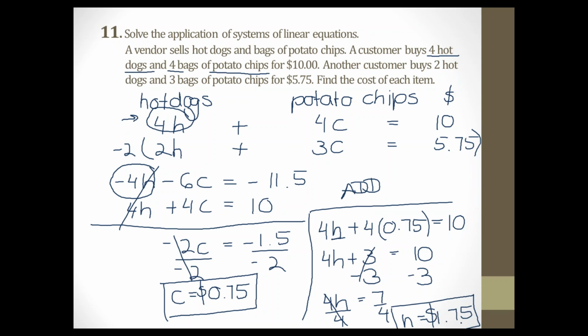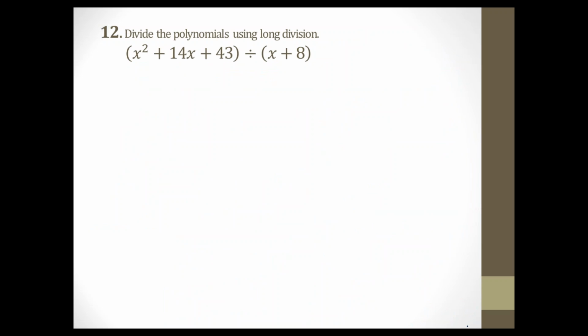Okay, if there are no questions, let's move on to number 12, which says divide the polynomials using long division. When we're using long division, first of all, we want to set up our problem, taking the second part and starting with it.